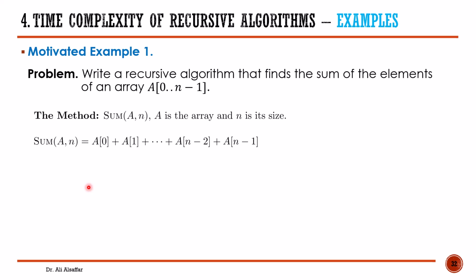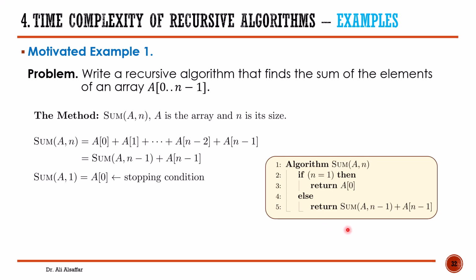From the example, we conclude that the sum of A of size n is equal to sum of A of size n minus 1 plus the last element that is at index n minus 1. And for the stopping condition, the algorithm will stop when n reaches 1. That means we have only one element in the array, so the algorithm retains that element that is at index 0.